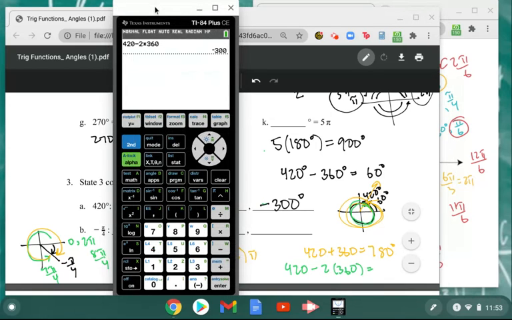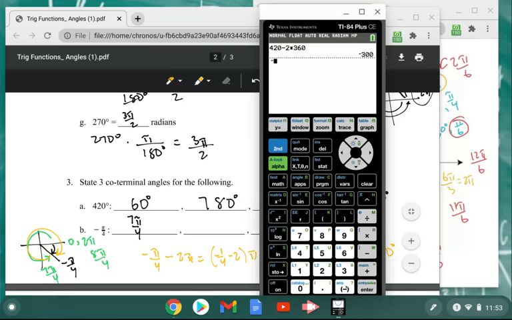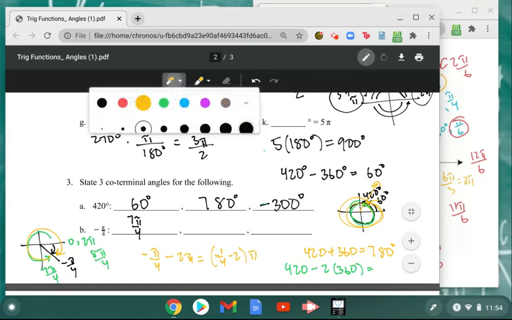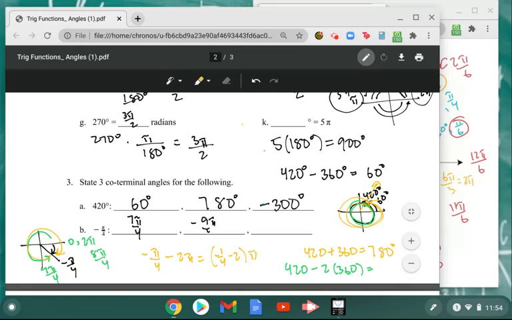I convert to fraction, and I get negative 9 pi fourths. So negative 9 pi fourths is another one. That came from this guy.